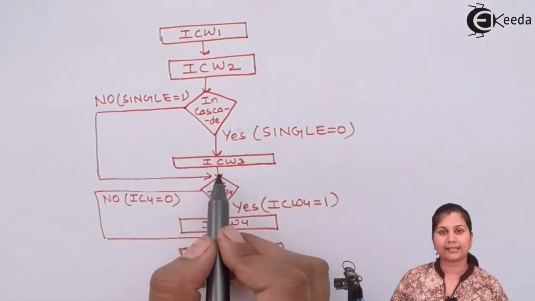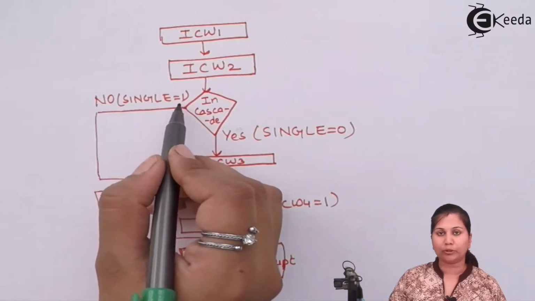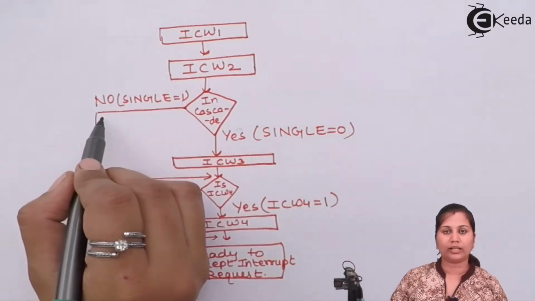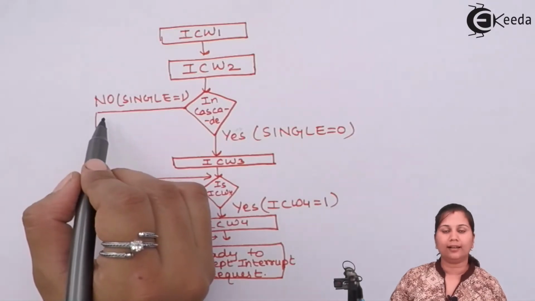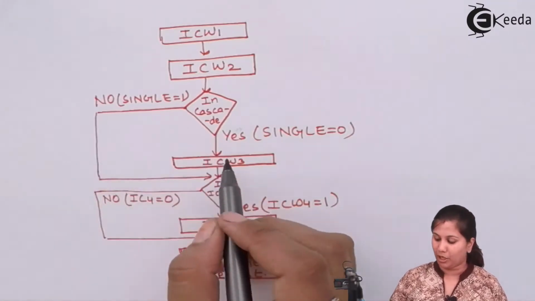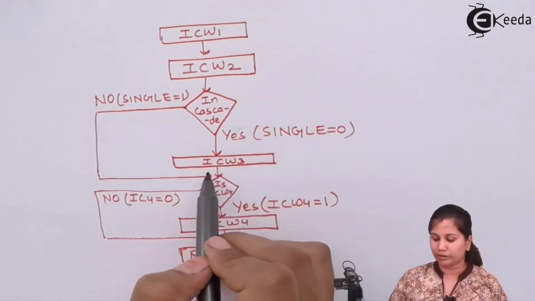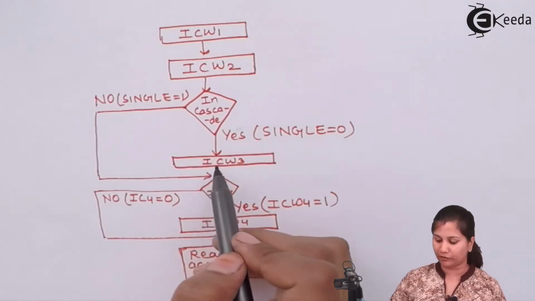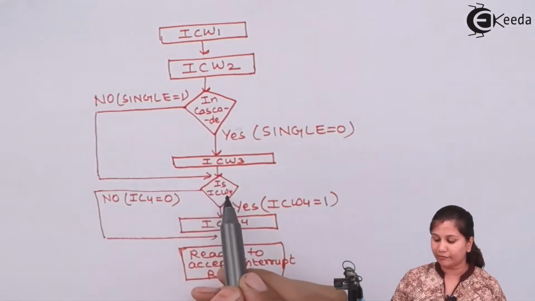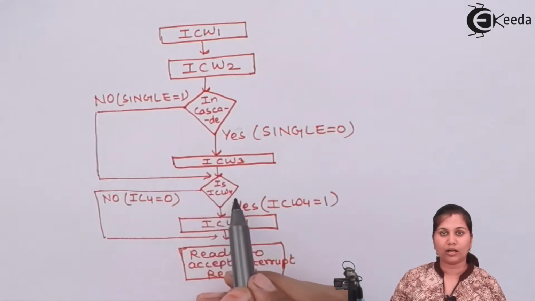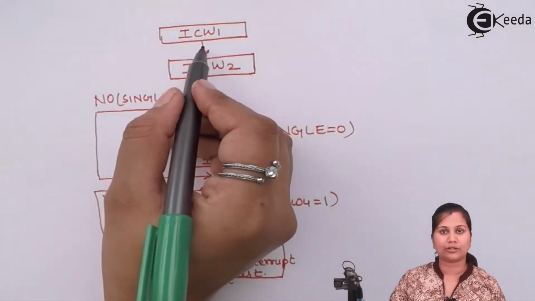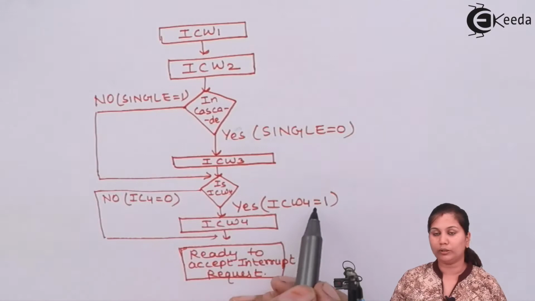If this single input is 1, it means it is not in the cascade mode, it is working as a single 8259 IC. So when this is in cascade mode, then the command word third will be given. Then it is checked whether the IC4 bit in the first initialization command word is equal to 1.